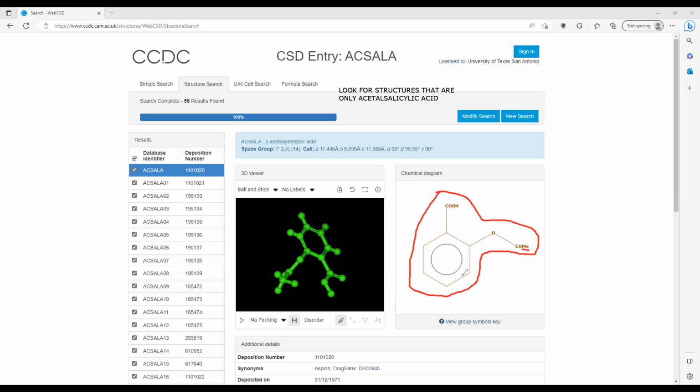If your structure just contains this, it's acetylsalicylic acid. If there are other components that are not highlighted as brown, this means there are other components in the structure.